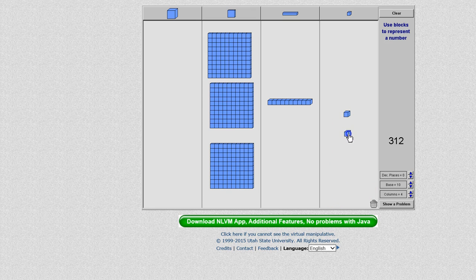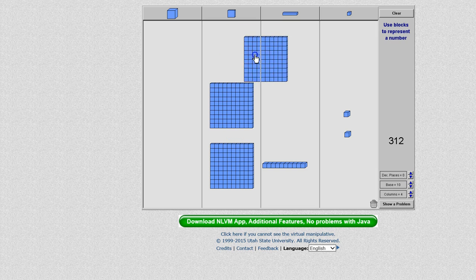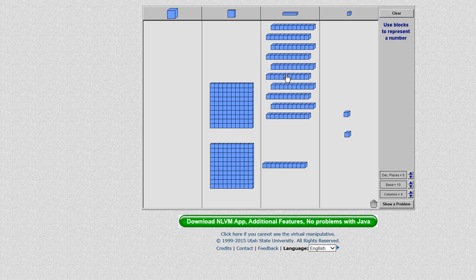Now, maybe you can imagine that both you and your friend have $312, and maybe you have 3 hundreds, 1 ten, and 2 ones. So your friend may have the same amount, but they may have different denominations. Maybe they have 2 hundreds, but one of their hundreds is actually 10 tens.